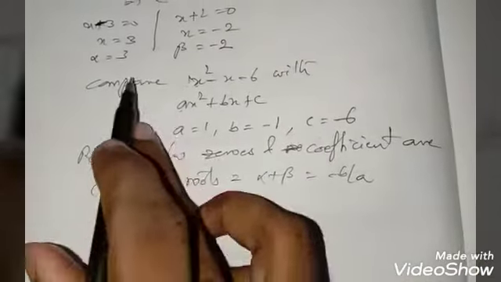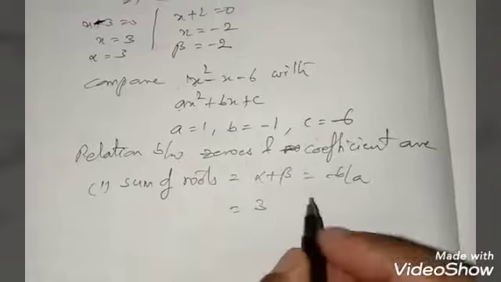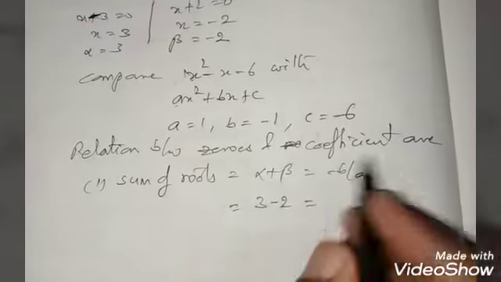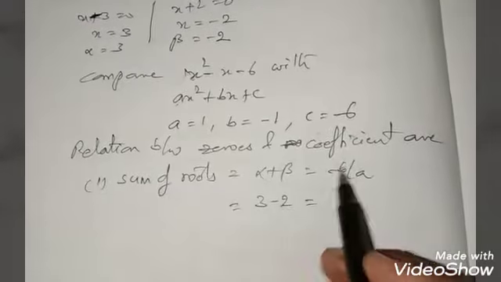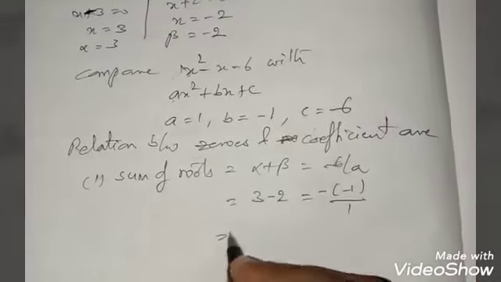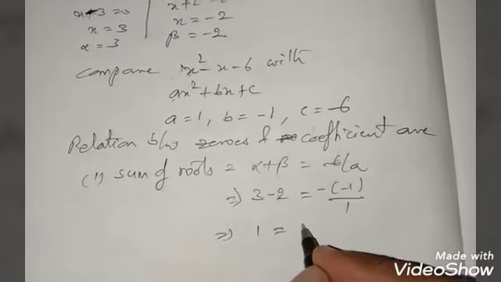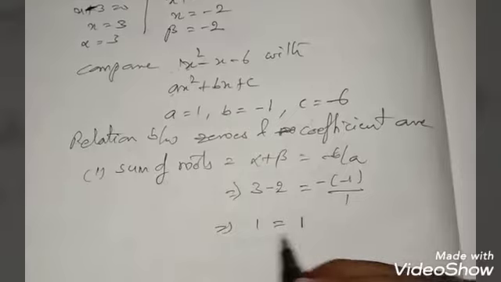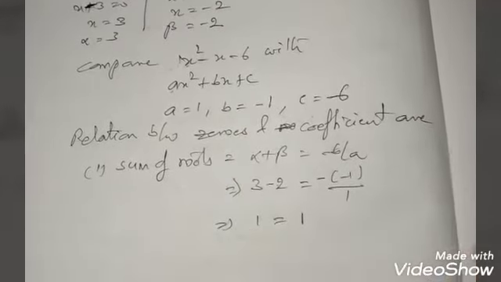Now what is alpha here? 3. What is beta? Minus 2. What is b here? Minus 1. Already minus is there, that is minus of minus 1 divided by a value 1. Now here 3 minus 2 is 1 is equal to minus into minus is 1. So here you get both the values are equal.